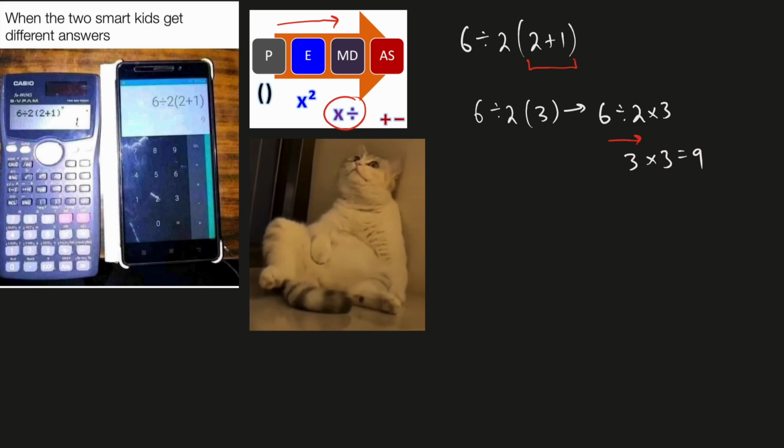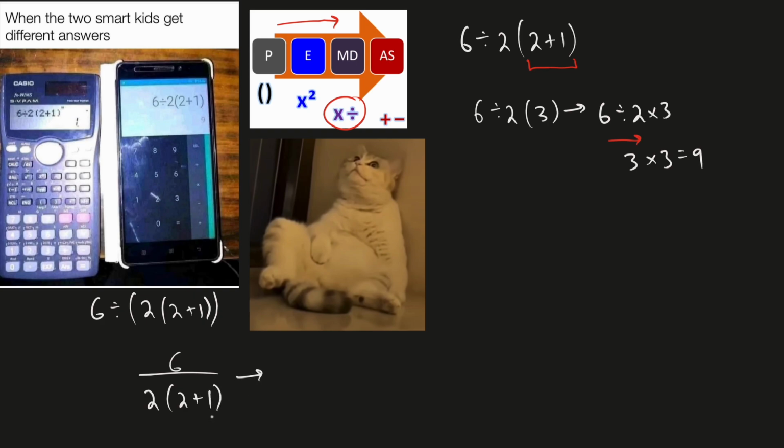And you could argue, though, that 1 is the correct answer if you solve it like this. 6 divided by, and then the calculator is somehow automatically putting a parenthesis, 2, and then parenthesis 2 plus 1. If we have these parentheses here, we will rewrite this as 6 divided by 2, parenthesis 2 plus 1, end parenthesis.